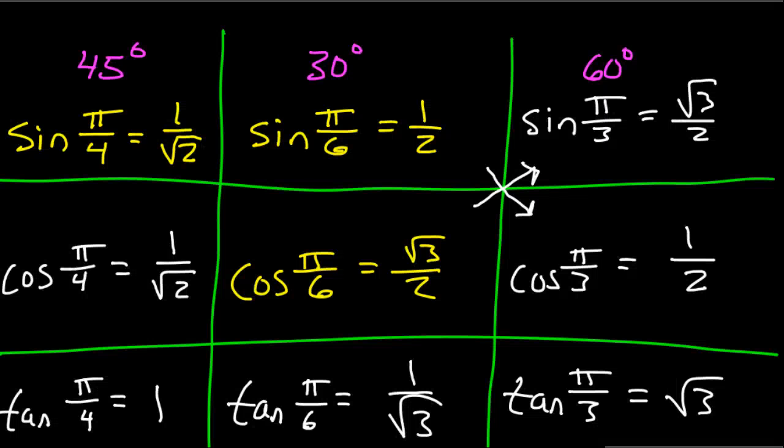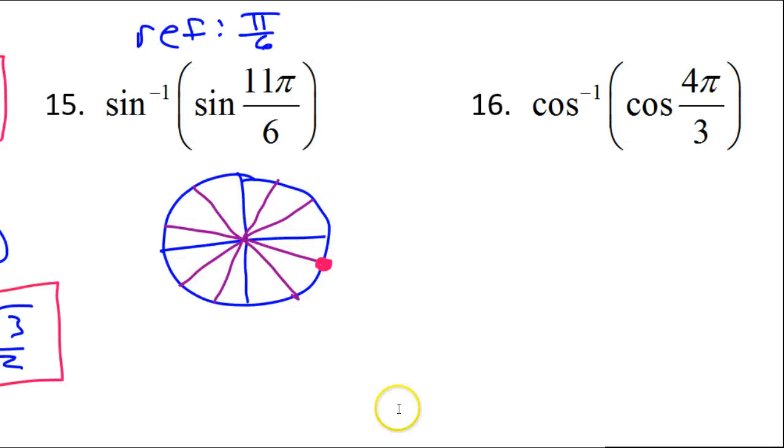We wrote that down right there. But in this quadrant, the sine function is negative because it's below the x-axis. So instead of just putting 1/2, I'm going to put negative 1/2. So that tells me that all this right here has a value of negative 1/2. Alright, that's the sine of 11 pi over 6 is negative 1/2.